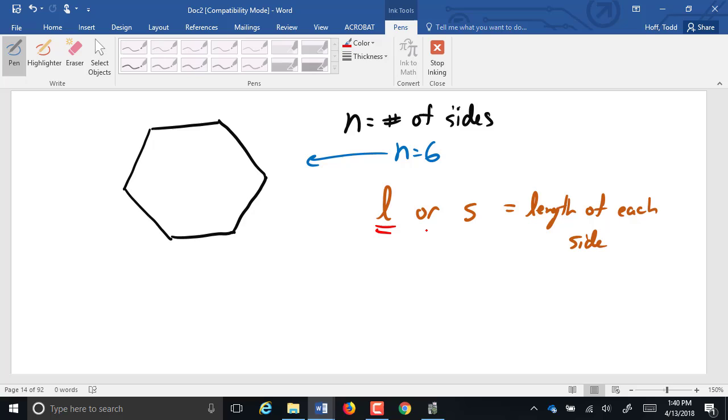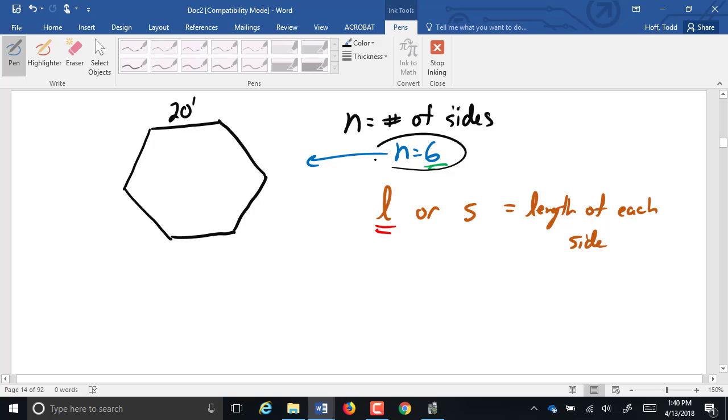So this one has 6 sides. I haven't given you a length yet. Let's give you a length of 20 feet. So n equals 6. L would be 20 for this one, 20 feet.